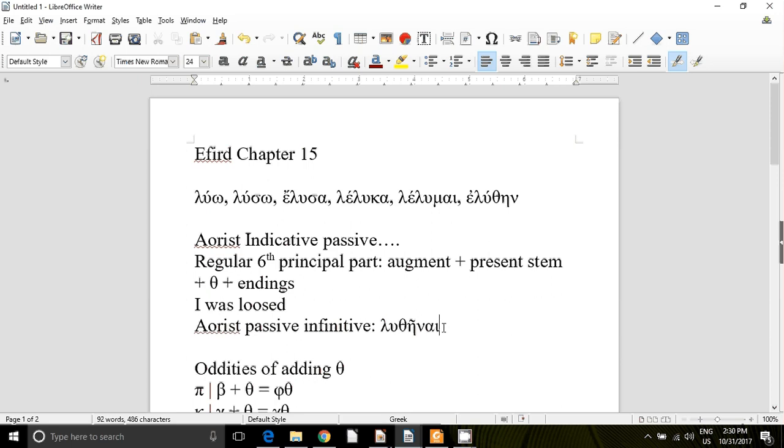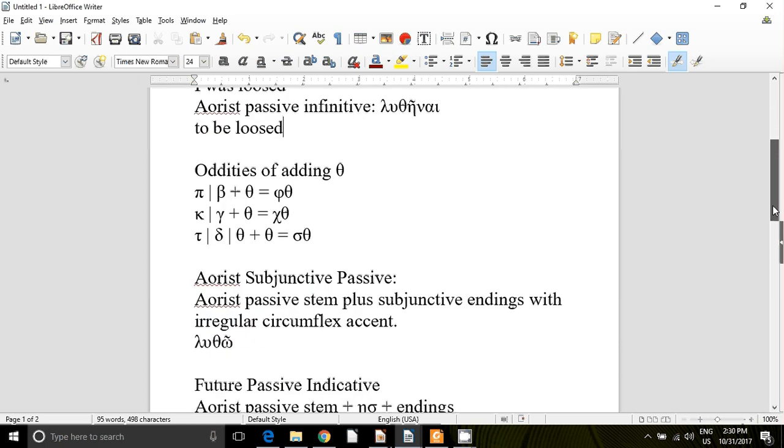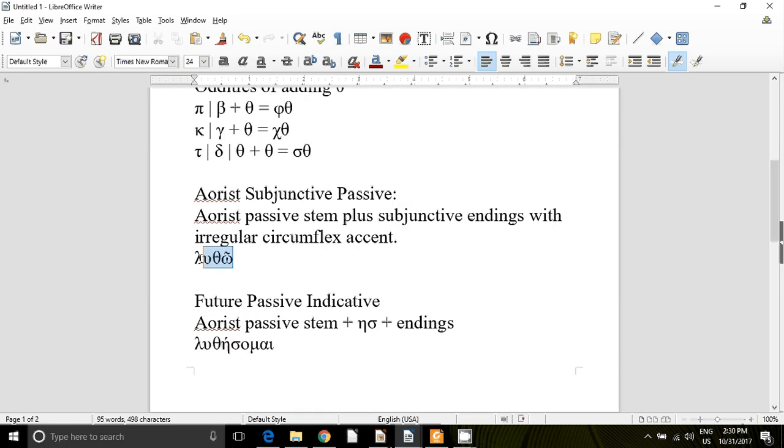Here the infinitive, to be loosed, because the aorist outside of the indicative again doesn't deal with time directly as much as aspect, just the pure action itself, to be loosed. And so when we're in the subjunctive, again we're dealing with a simple action. So this is going to simply be I may be loosed, subjunctive mood. I could be loosed, and so forth.